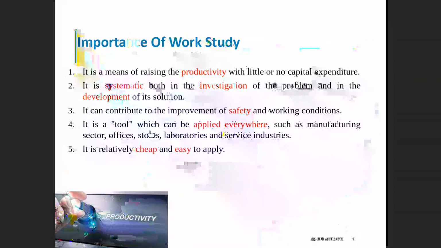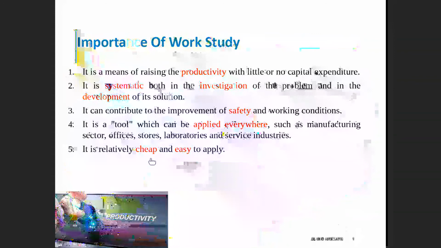It's a tool which can be applied everywhere, whether manufacturing, service, healthcare, education, any industry you can use. And this is how most of industrial engineering, even if it came from manufacturing at the beginning, then most of the tools and methods were adapted or modified to be applied in other industries.